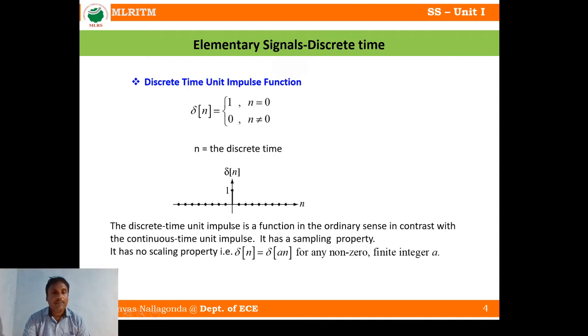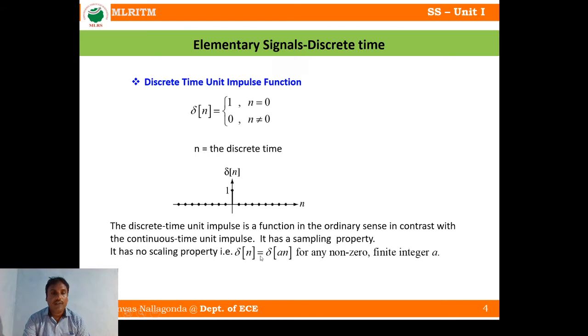The discrete time unit impulse is a function in the ordinary sense, in contrast with the continuous time unit impulse. In continuous time, the impulse is drawn with an arrow, but in the discrete case there is no arrow, just a dot. It has a sampling property. It has no scaling property, which we have already discussed in the previous lectures.